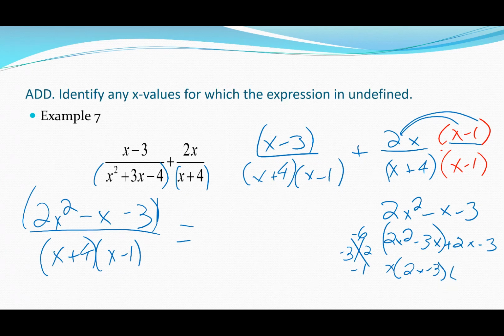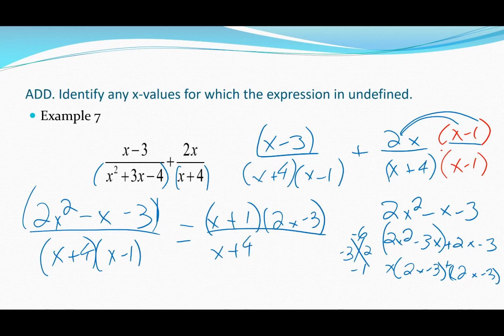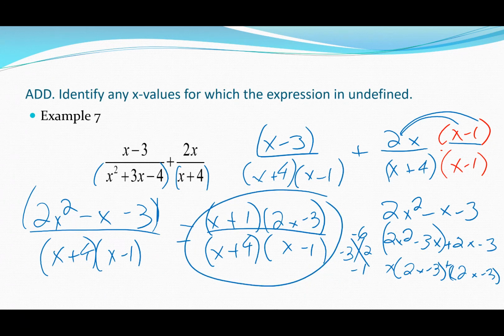This would be 2x minus 3. So you would have x plus 1, and you would have 2x minus 3 as the factors on top. So it doesn't seem like any of those are going to cancel. So you can write your answer like this, but since nothing cancels, you can just leave it like this as well. But it's worth factoring to see if anything would cancel.